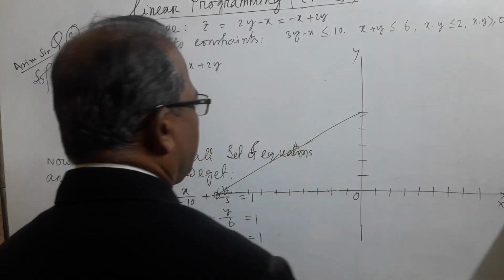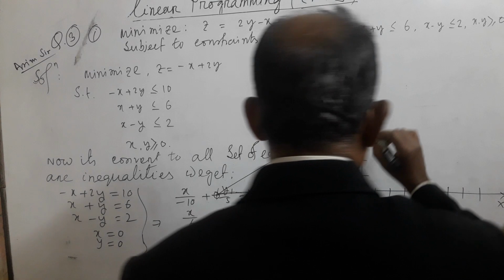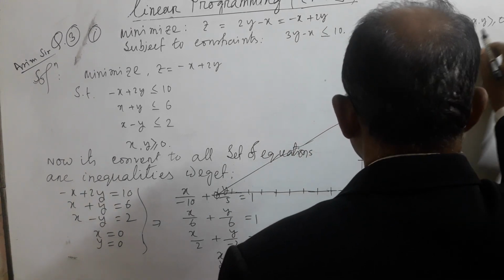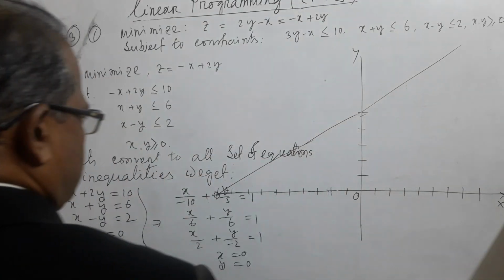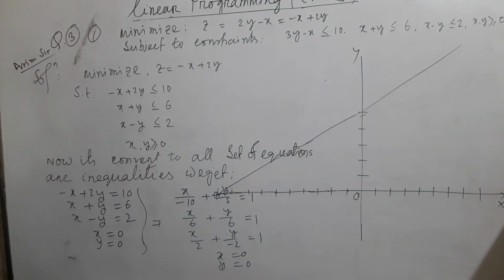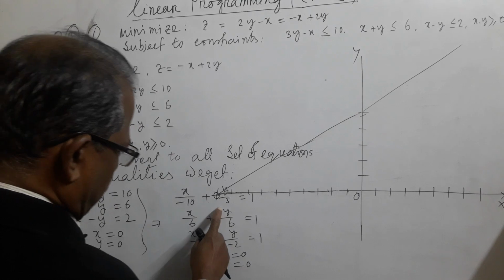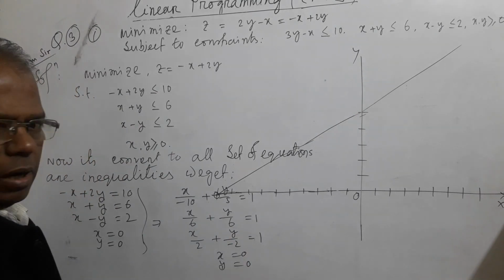This is the point joining the lines. Well, x by 6 plus y by 6 equal to 1.